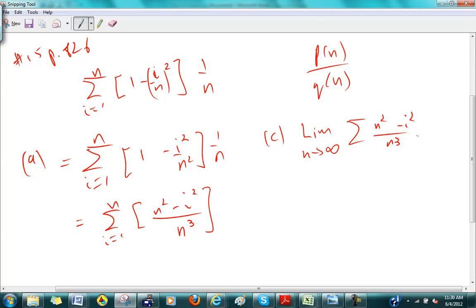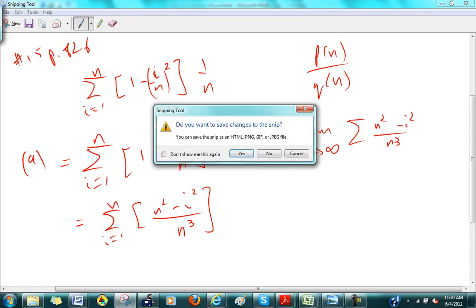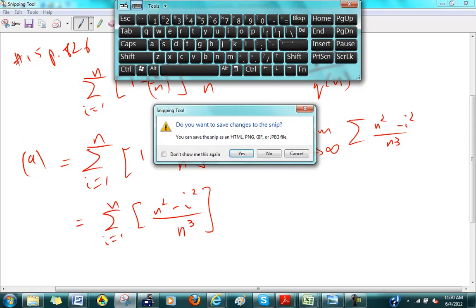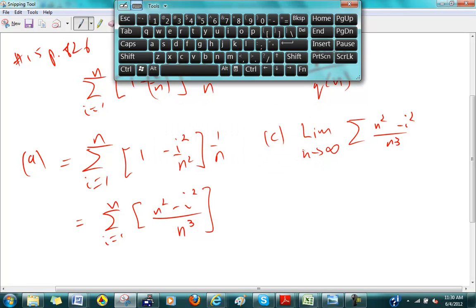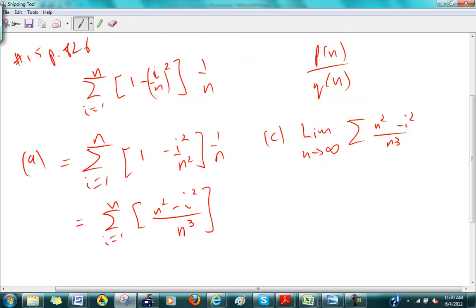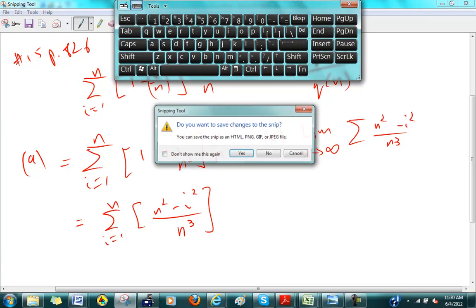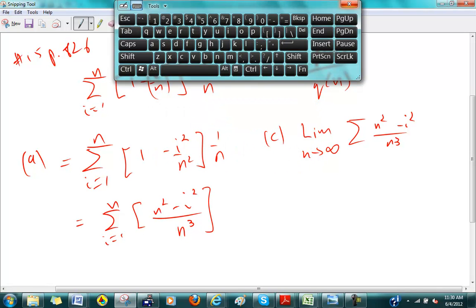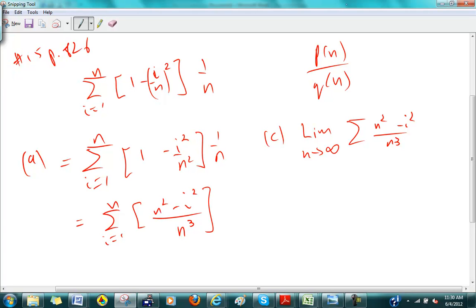Okay? Yeah? The answer is different. Like, what is the answer? Part A or part C? Part A? What is going on with this guy? Are we looking at the right page here?